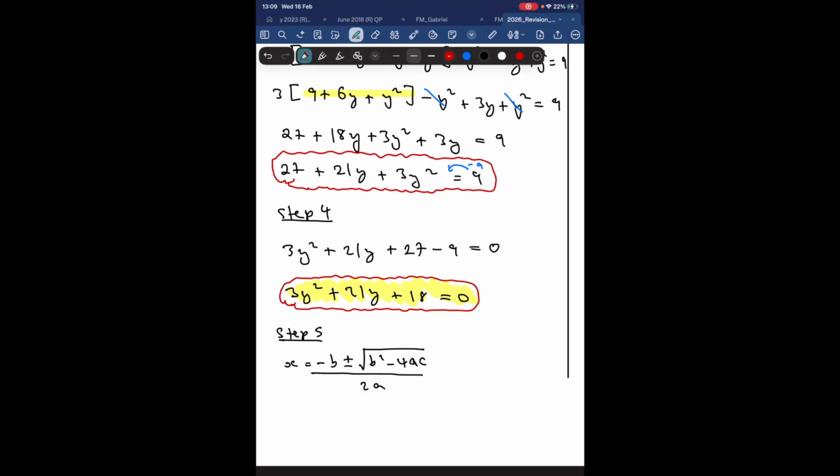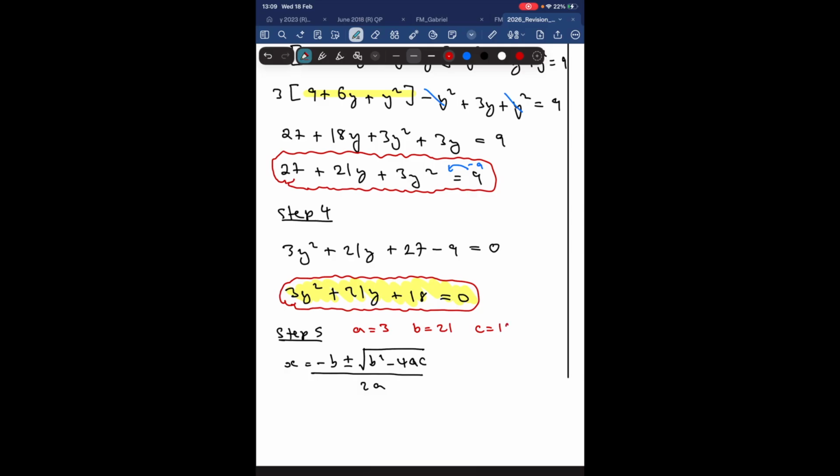A is the number in front of the y squared term, so a is going to be 3. B is the number in front of the y term, so b is going to be equal to 21. C is the number at the end, so c is going to be 18.